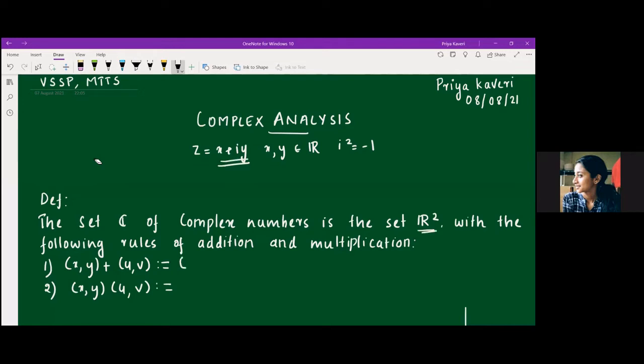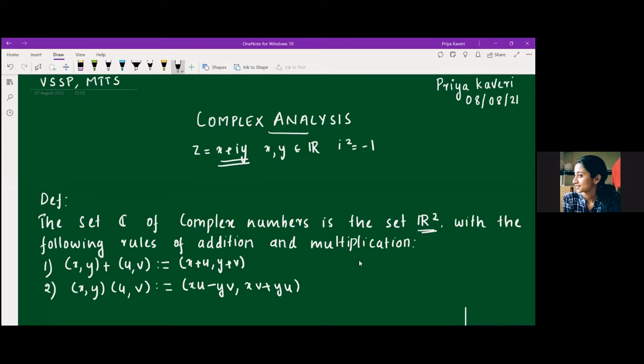And how do we define the multiplication? It is defined as (x times u minus y times v, x times v plus y times u). So this is how we define addition and multiplication.